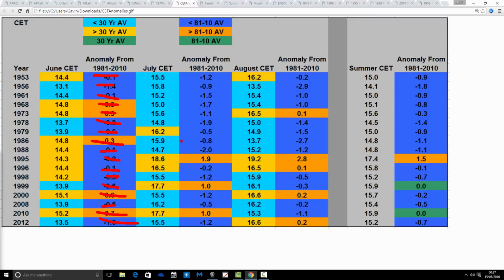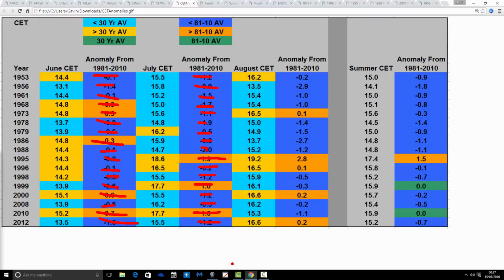For July, it's even more stark. Look at this. We get 1, 2, 3, 4, 5, 6, 7, 8, 9, 10, 11, 12, 13, and 14 Julys through those 17 years that are cooler than the 81 to 2010 average, with just 1, 2, and 3 that are warmer than the 81 to 2010 average.